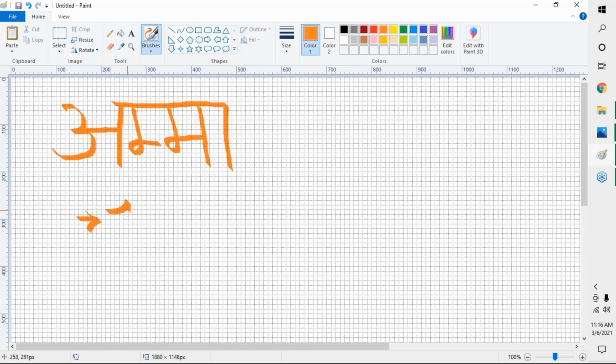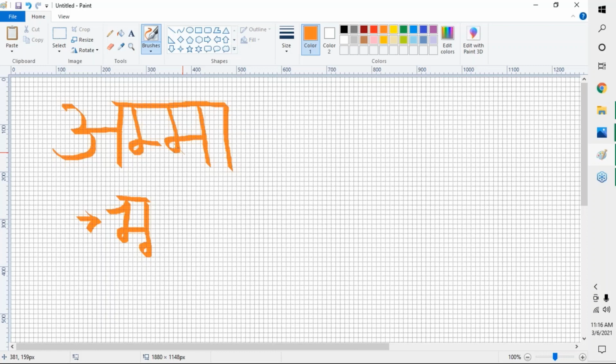In Sharda, when there is a half letter, we have to write that half letter complete, but the letter following the half letter, we have to write below the half letter.